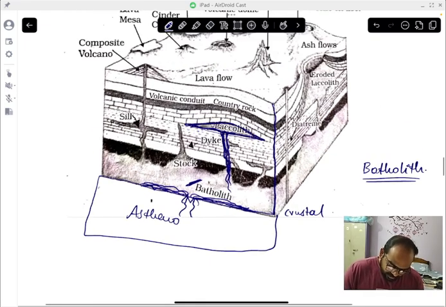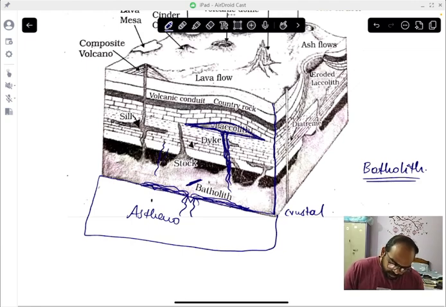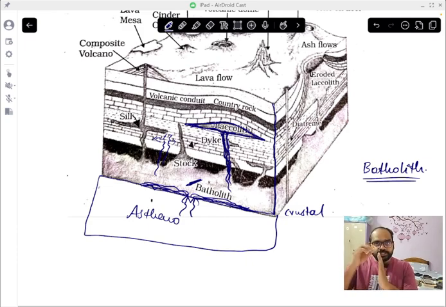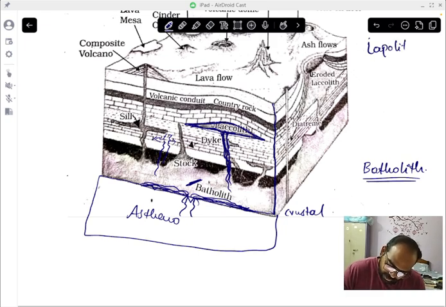Whenever the magma travels like this, it develops cracks in the crust and travels horizontally inside of the crust. When it travels in a horizontal manner, it forms three types of structures called lapolith, phacolith, and sills. What are they? Lapolith, phacolith, and sills.